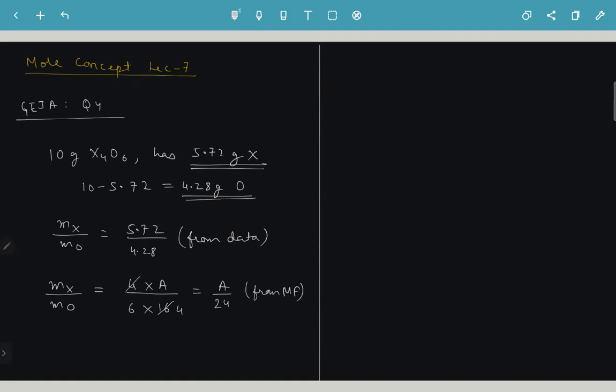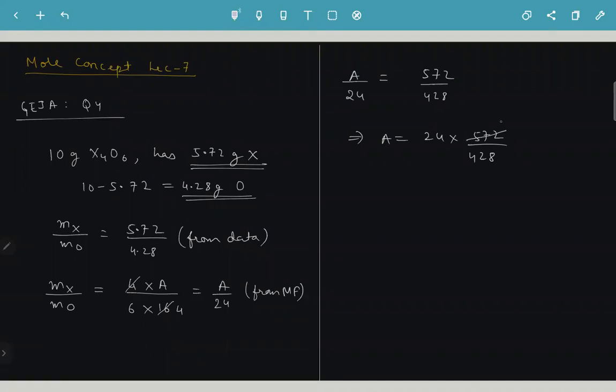Now, the mass ratio of X and oxygen will be constant. A by 24 is equal to 5.72 by 4.28. Get A is equal to 24 into 5.72 by 4.28.